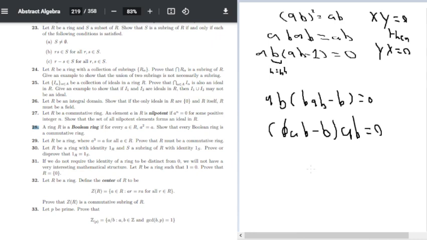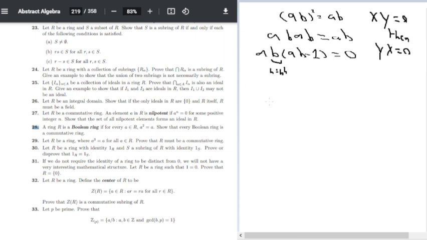Actually, I wonder. Wait, let me think. bab minus bab, so this is equal to 0. If we assume this is 0, then it's commutative. So let's focus on this: ab times (ab minus 1) equals 0.